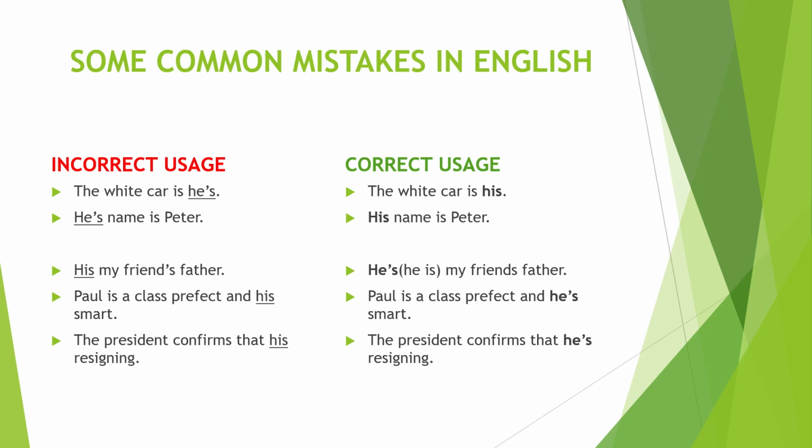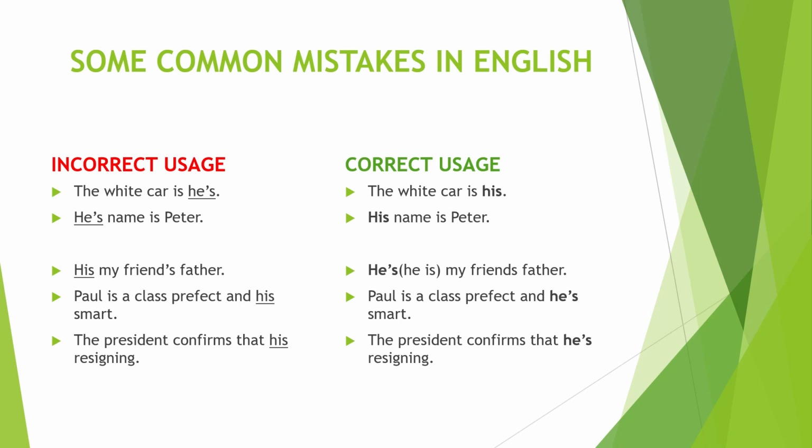He's my friend's father, which means he is my friend's father. Then we have Paul is a class prefect and he's smart. So here we are actually looking for he is. Paul is a class prefect and he's smart. In other words, Paul is smart.